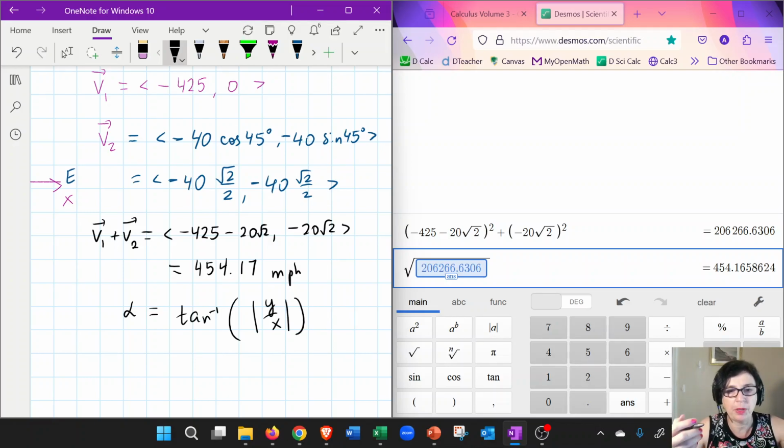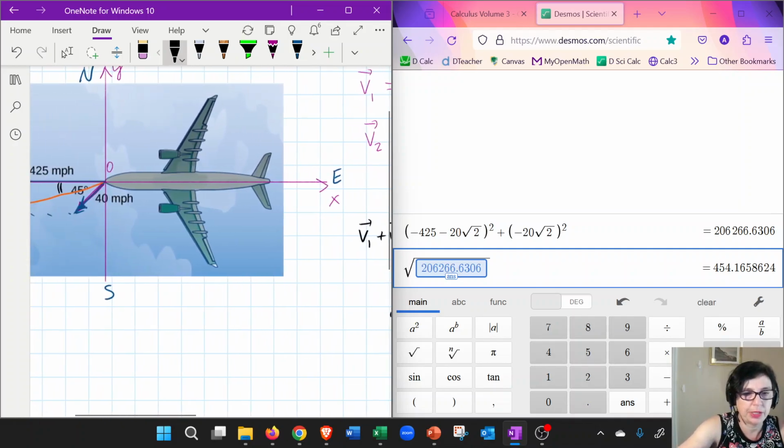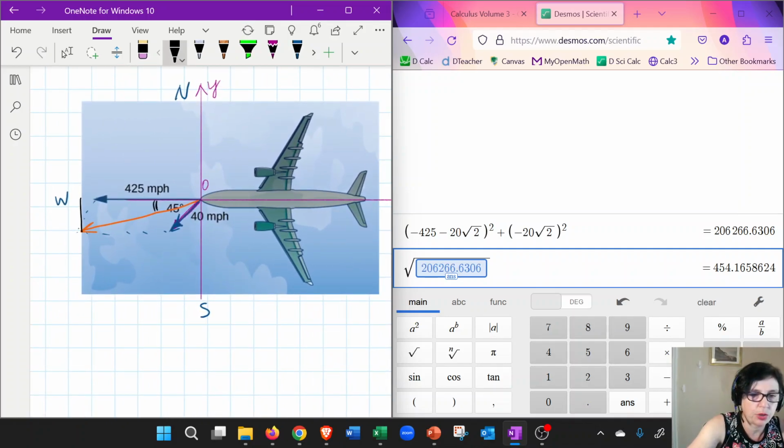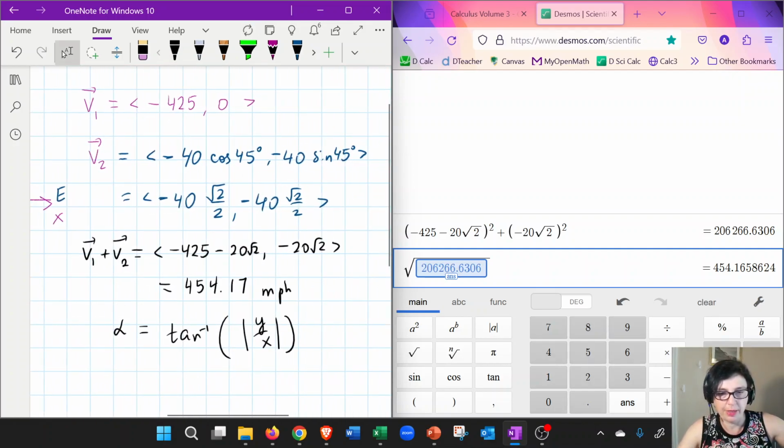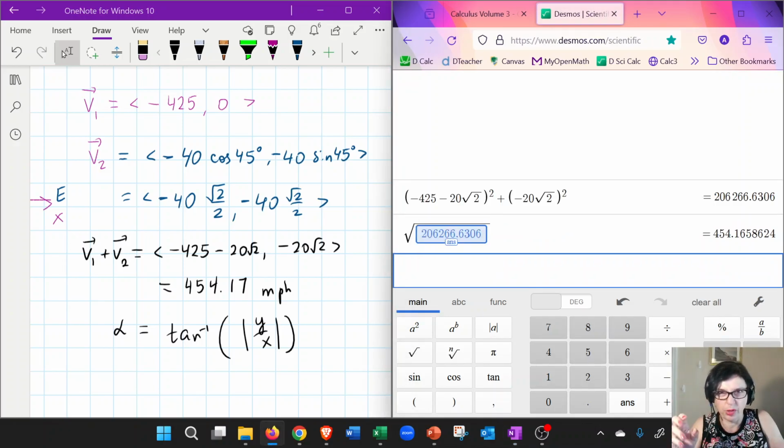If I were to create a triangle and call this angle alpha, the tangent of alpha is y over x, opposite over adjacent. I'm just going to pretend that both x and y are positive, even though they're negative, so I don't have to worry about which quadrant it is.